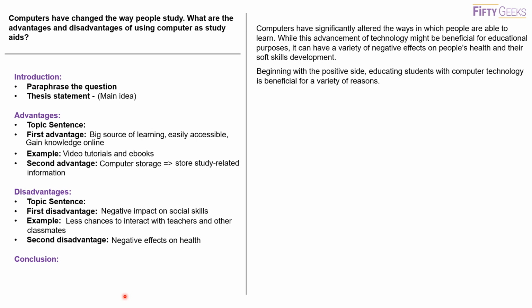Then I will write my first advantage and will take a reference from the draft. So I'm going to write this idea as, first of all, computers have supplied infinite resources for learning and made education more flexible and easy to access.